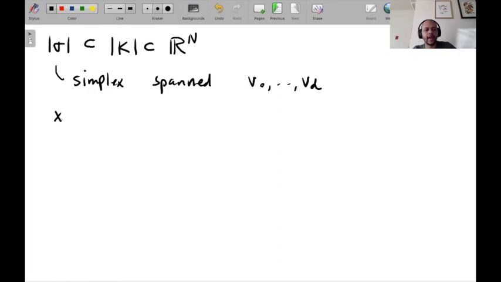That means we can write x in the following way, as a linear combination of a_i (v_i minus v_0), i goes from 1 up to d.